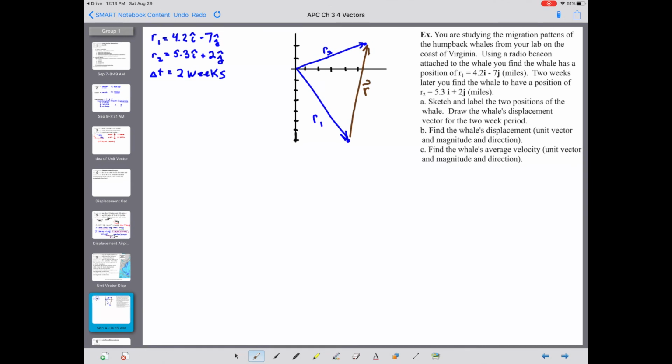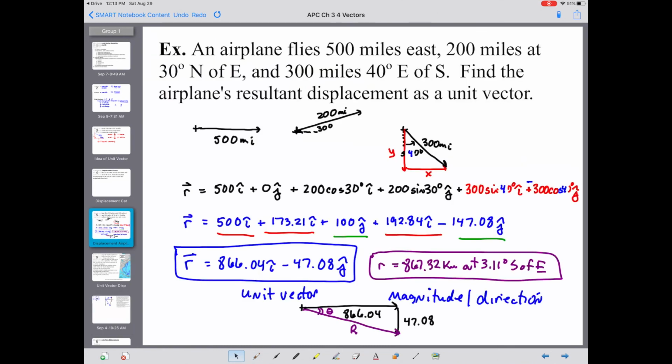Well, we can't do what we did in the last one. In the last one, we basically took R1 and R2 and R3, and we added those vectors together. So here we're adding R1 to R2, and here we're adding R2 to R3.